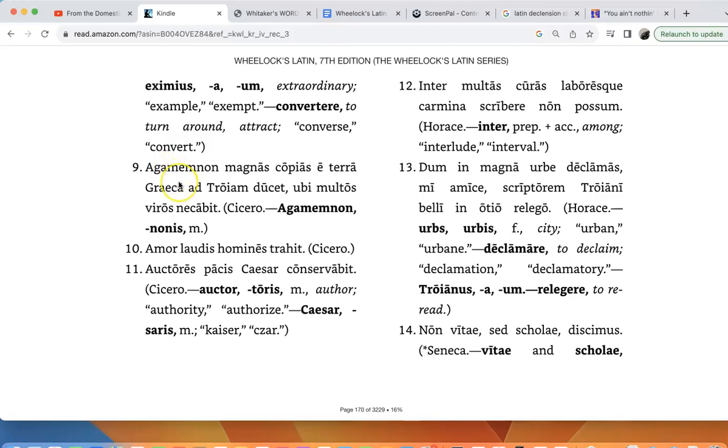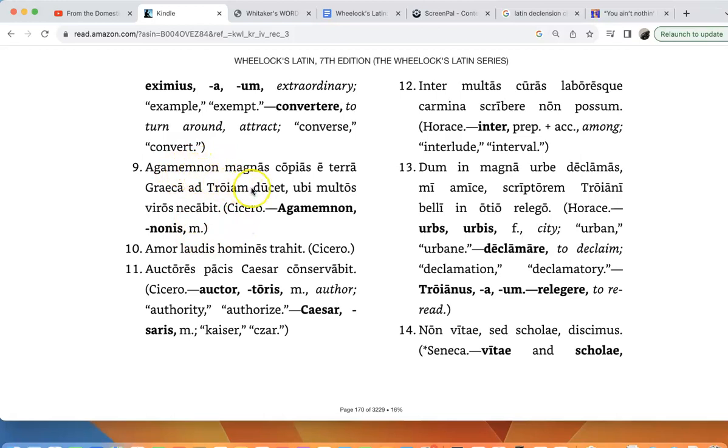And of course, she was abducted after the judgment of Paris, rather. And Agamemnon had to defend Helen's, or in this case, I guess Menelaus's honor, and of course that is what started the Trojan War. Anyway, that's the context for that.